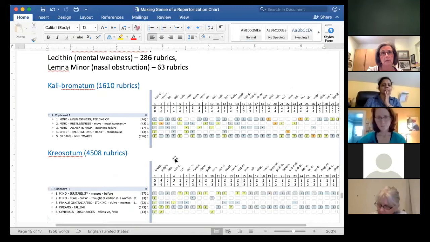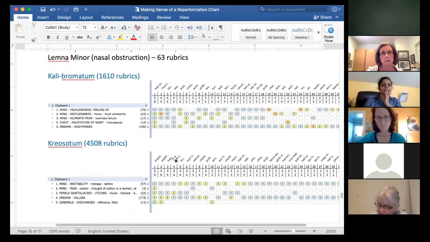Okay, so here's a couple of repertorizations. They're small. There's only 5 rubrics in each one, and they produce pretty small remedies. So it's possible if you're very clear about the rubrics you've put in. The first one, Kali Brom, comes up, and then we have some polycrests.